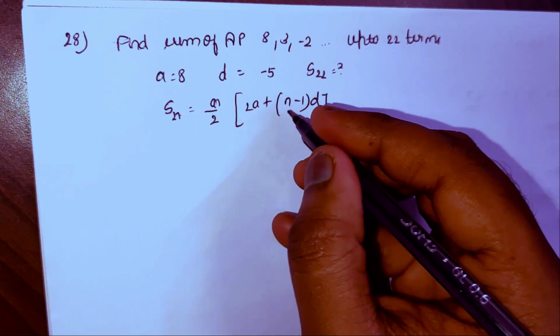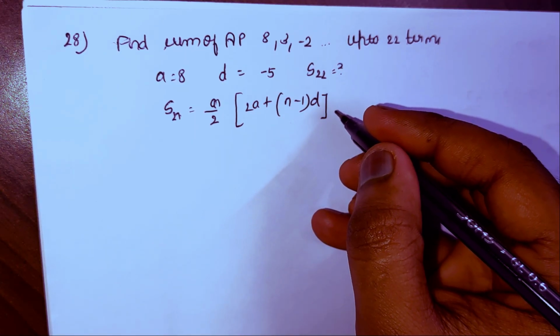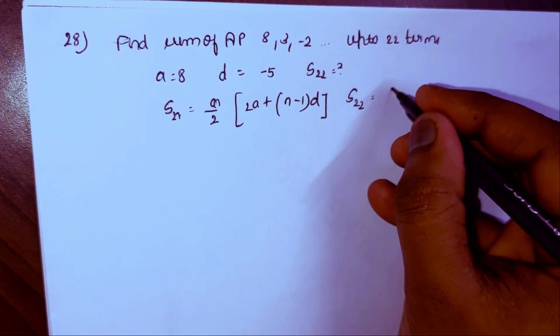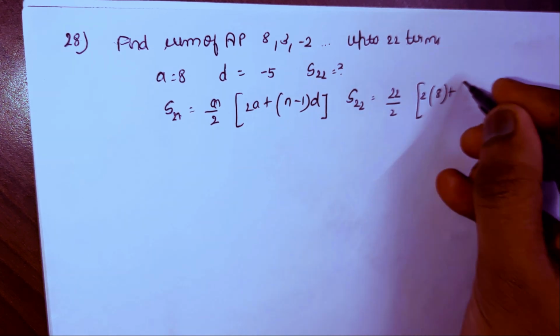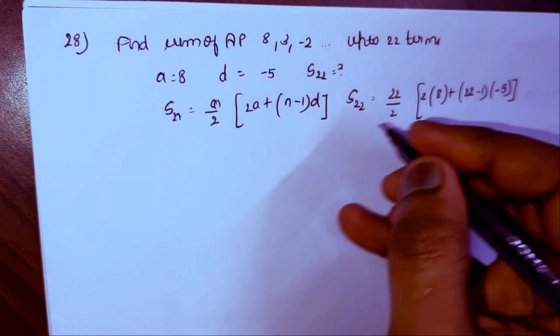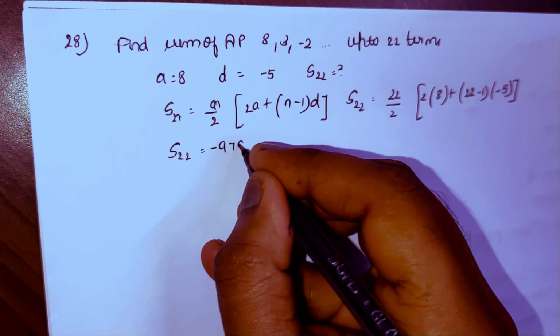Various formulas are there. Whenever the values are given, you have to identify which formula you can apply, then you apply. So S22 is equal to 22 by 2 into 2 into 8 plus 22 minus 1 into minus 5. You will get the value of S22, that is minus 979.